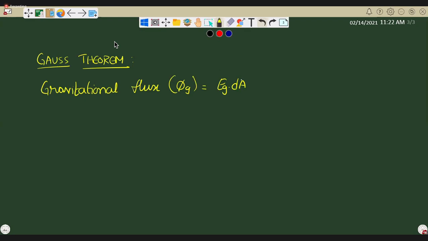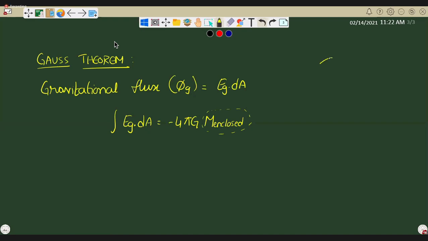The amount of gravitational field in a given area is called gravitational flux. So Gauss law says integral Eg dot dA is equal to minus 4 pi G into mass enclosed. Now let us see what we mean by this term. If we know this, then everything is done.